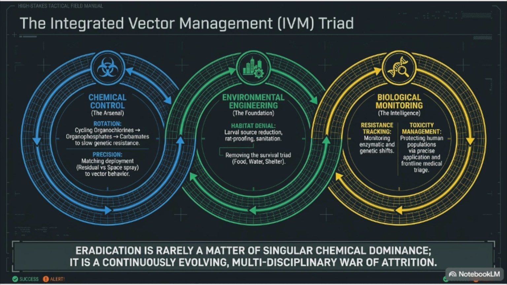Biological monitoring, the intelligence, involves resistance tracking through monitoring enzymatic and genetic shifts, and toxicity management, protecting human populations through precise application and frontline medical triage. Eradication is rarely a matter of singular chemical dominance. It is a continuously evolving, multidisciplinary effort.